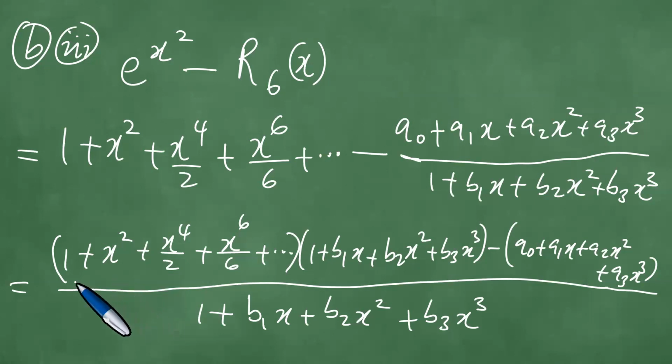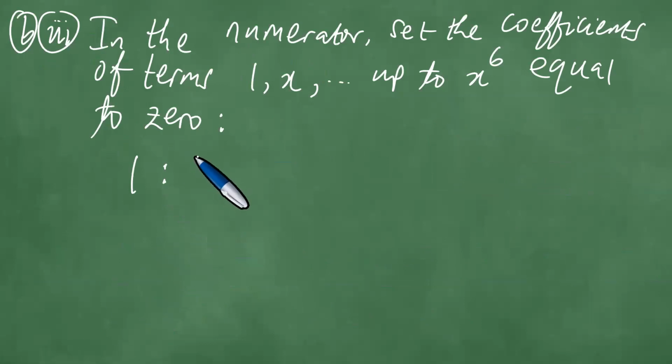In the numerator, you'd have 1, and then you'd have minus a naught, which is 1 minus a naught, which is equal to 0.